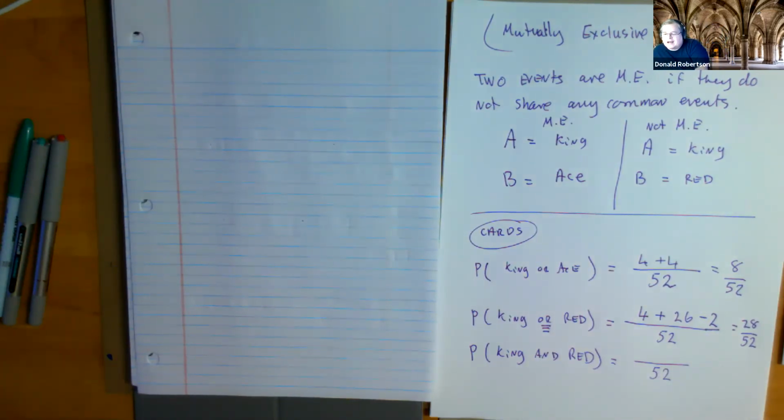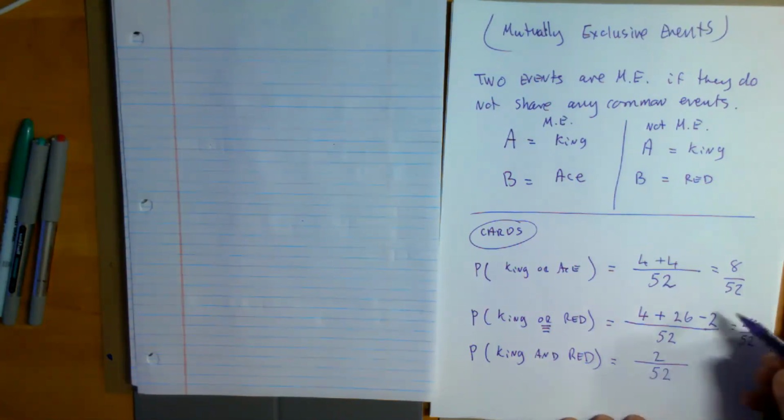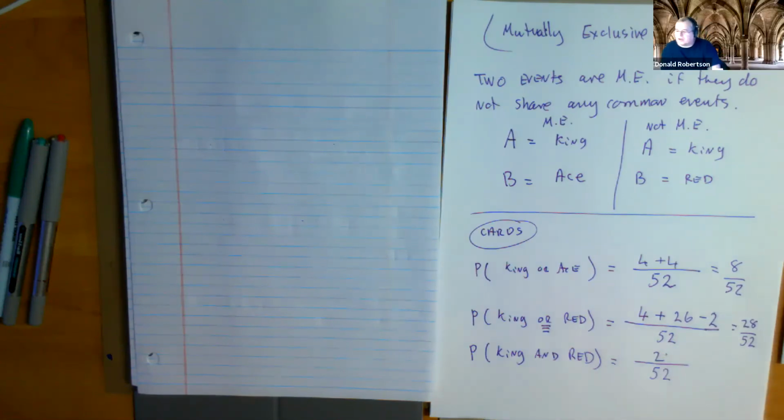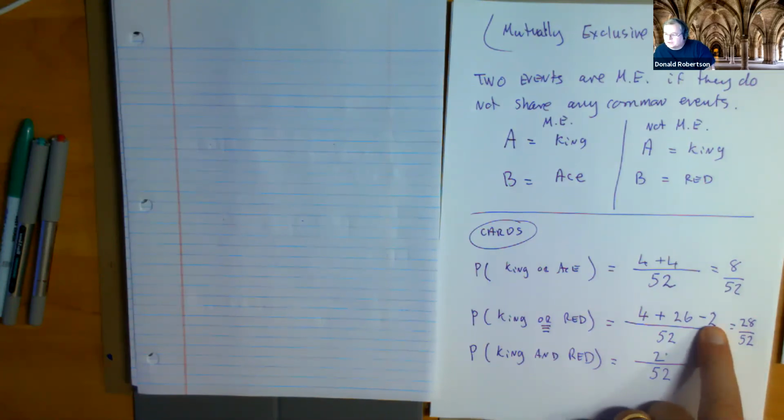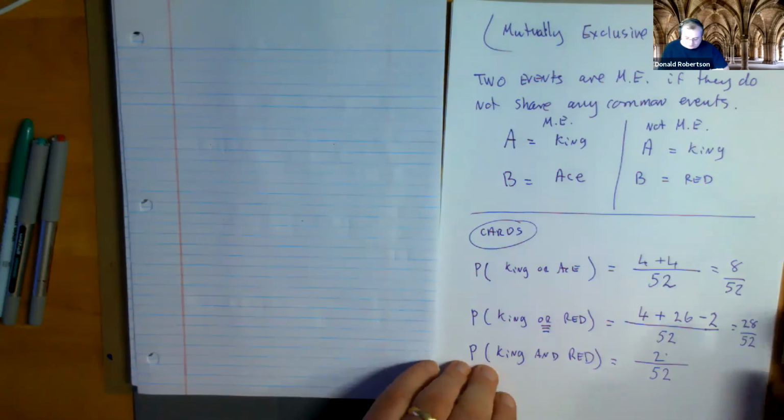If you're a king and you're red, another way of saying that is, how many red kings are there? 2. Do you see that that number matches this one exactly? Because isn't the word AND just another way of counting the double counters, the ones you're counting twice? 2 red kings in this case.